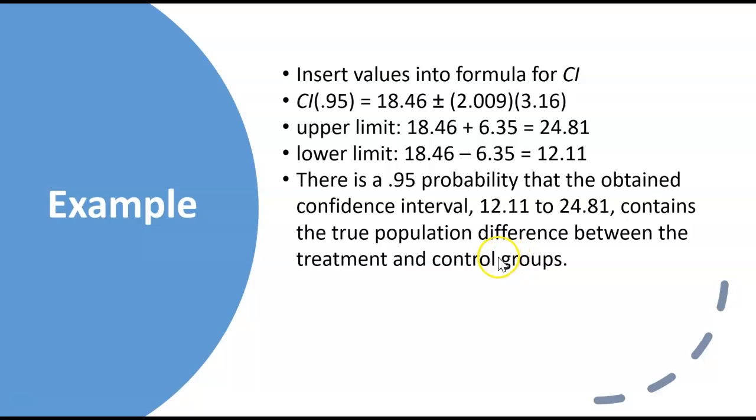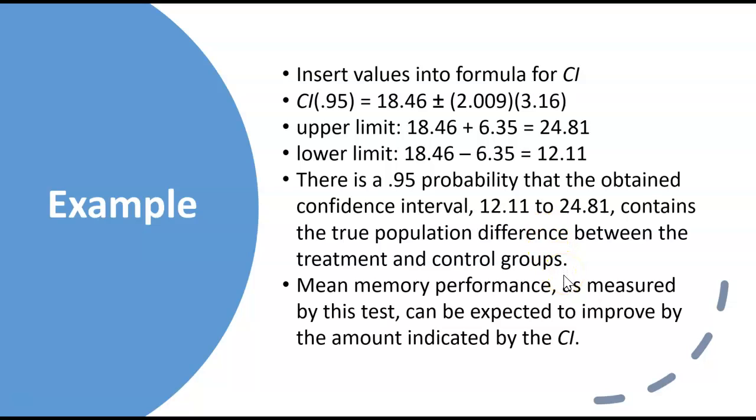So if you had access to the entire population of humans who are exposed to your intervention and compared to a control group that's not exposed to an intervention, the mean difference between the two groups would land somewhere between those two scores.